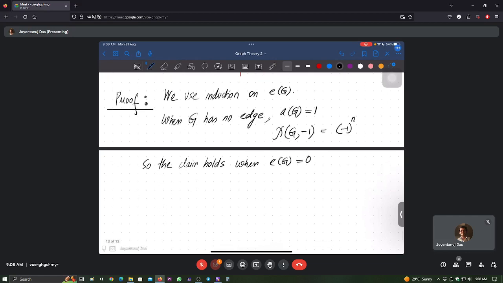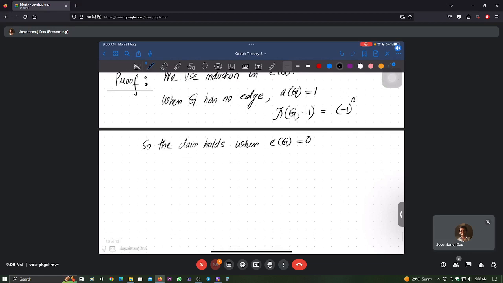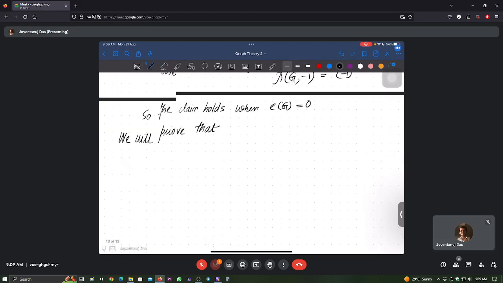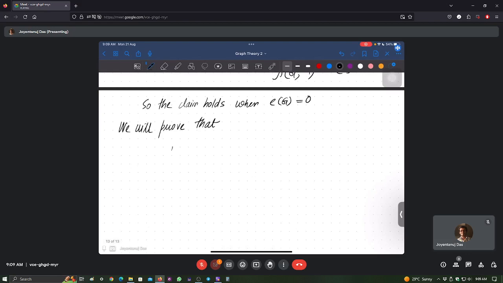Now we will prove that there is a relation between the number of acyclic orientations of G and A of G minus e plus A of G dot e.